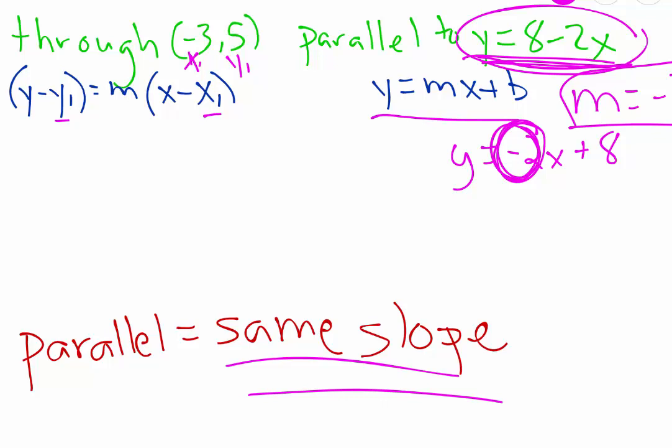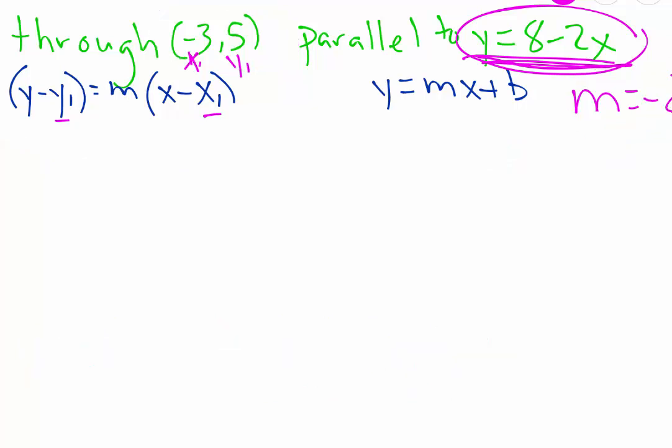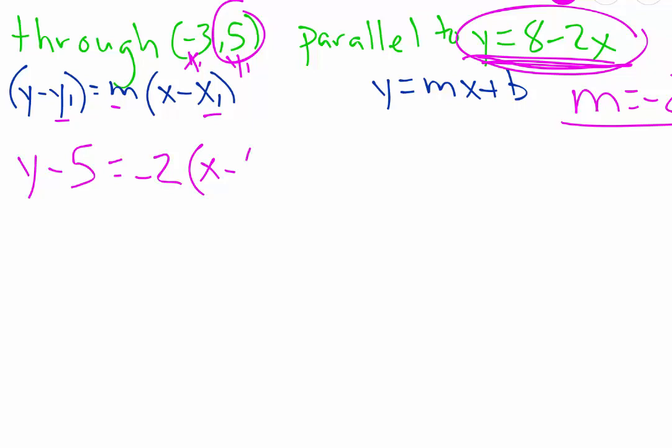That slope of -2 along with x1 and y1, we're going to plug into our point slope equation, simplify it, and it's going to give us our equations in both forms. So when we do that here, y minus, remember that y1 is a 5, is equal to m, which we got as -2, parentheses, x minus x1, which is -3.